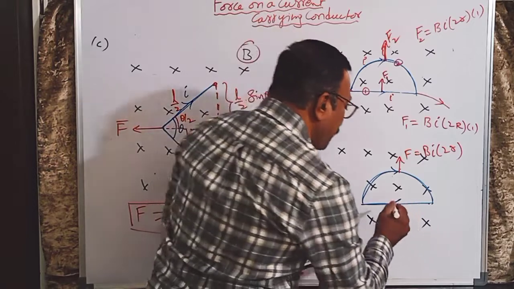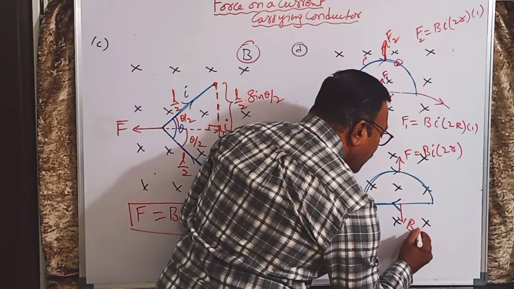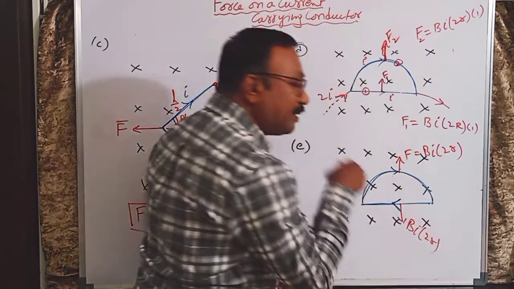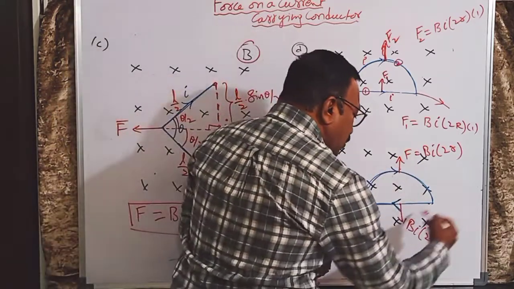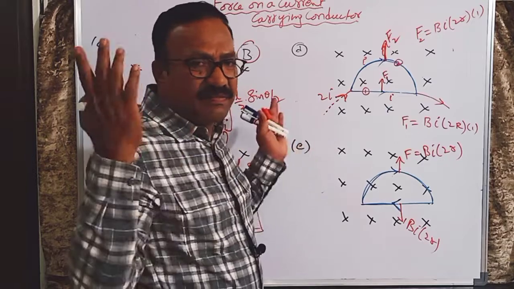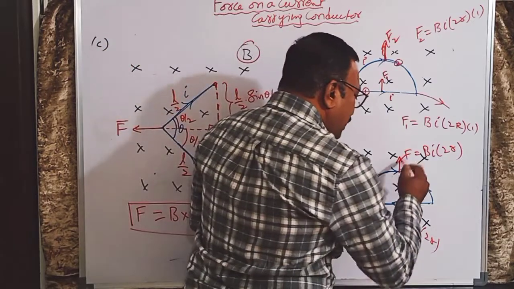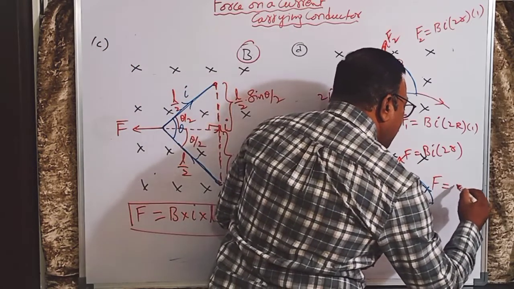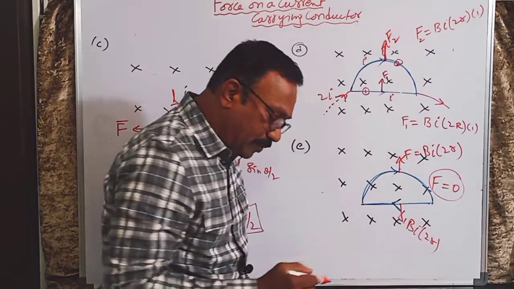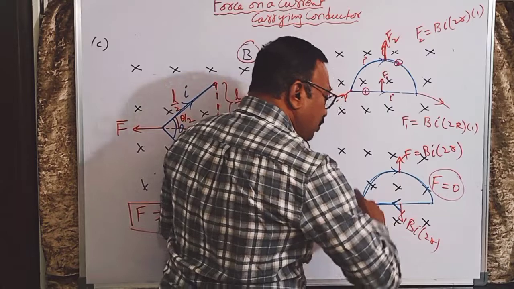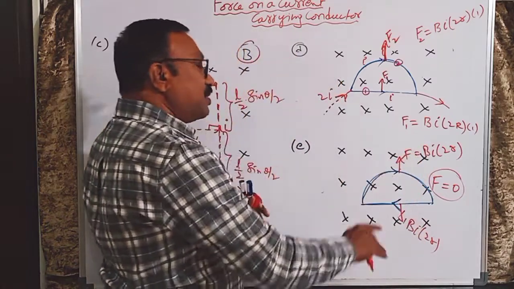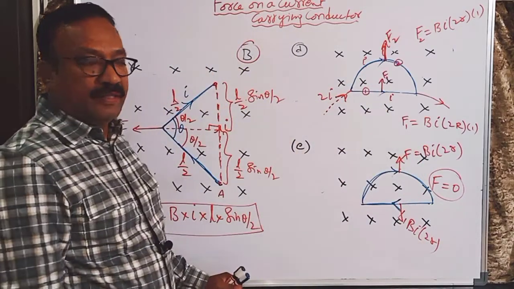The same force BI into 2R will act downwards. If this total loop is taken as a single body, then these two forces cancel and the resultant force is 0. So whenever current forms a closed loop, the net force on that loop will be 0.